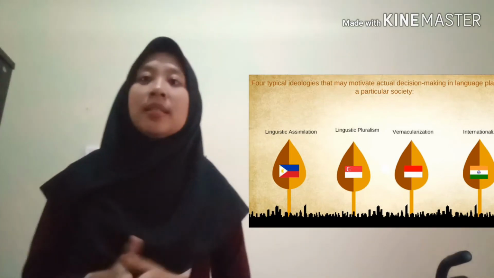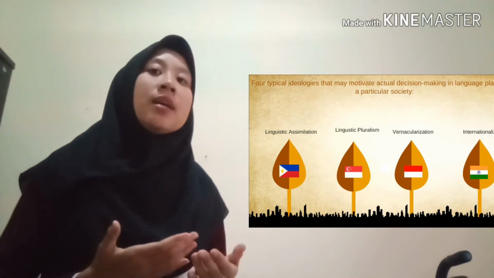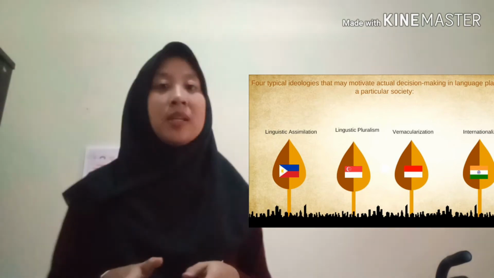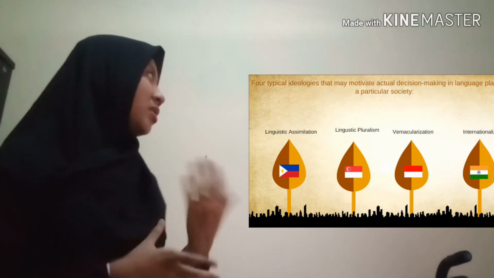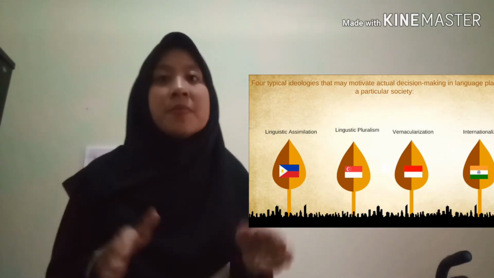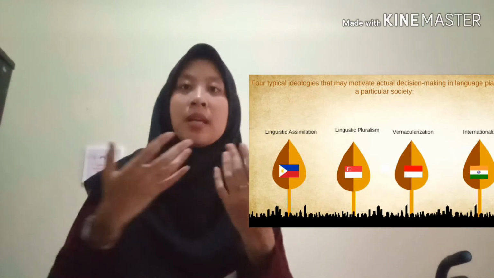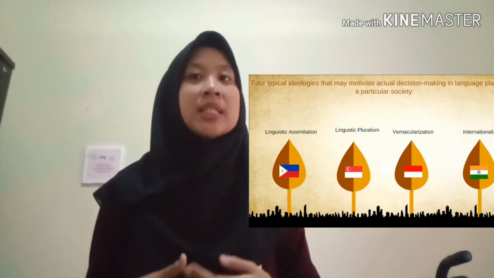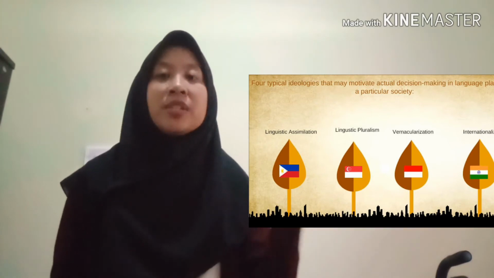1983, he said that there are four typical ideologies that may motivate actual decision making in language planning in a particular society. The first is linguistic assimilation. Linguistic assimilation is the belief that everyone, regardless of origin, should learn the dominant language of the society.